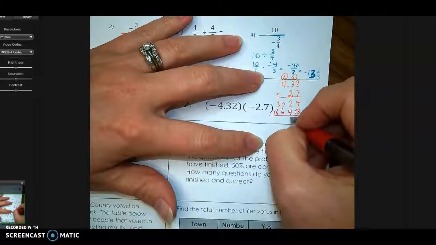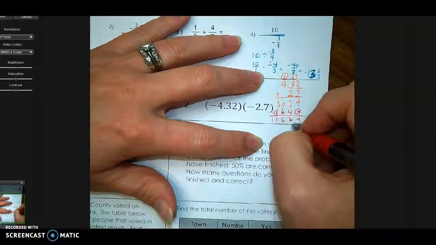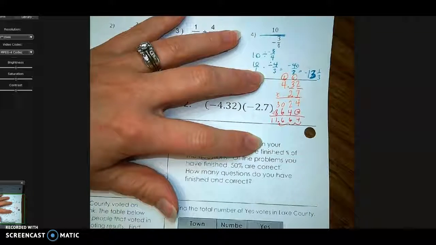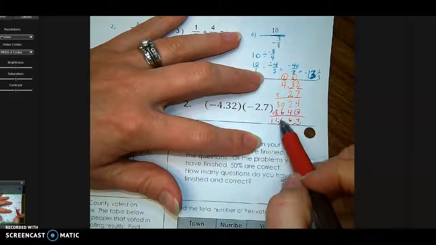And I'm going to add those up, and both of those numbers were positive. And you count over the number of digits behind the decimal place.